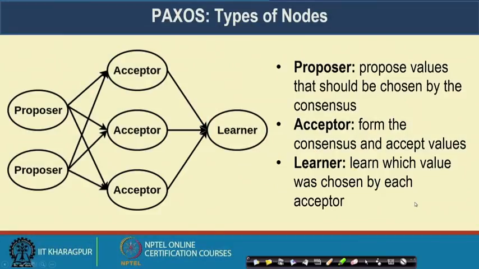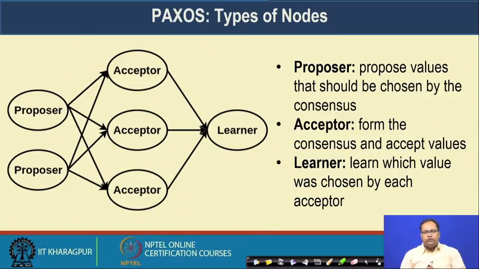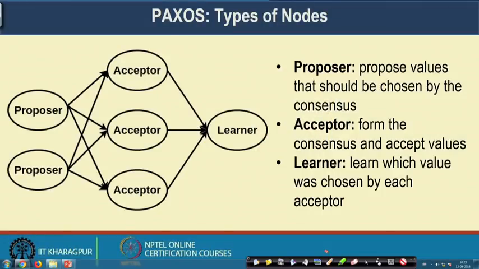So, let us look algorithmically at how it works. You have certain proposers who are proposing the values. The proposed values should be chosen by the consensus algorithm. Here the proposers can propose a value, either to go to Subway or to go to CCD. Then you have certain acceptors, who form the consensus and accept the values. Whenever the acceptors hear a proposal from the proposers, they either accept it or reject it. If I am willing to go to Subway, but a proposal is coming to go to CCD, I will simply reject it.